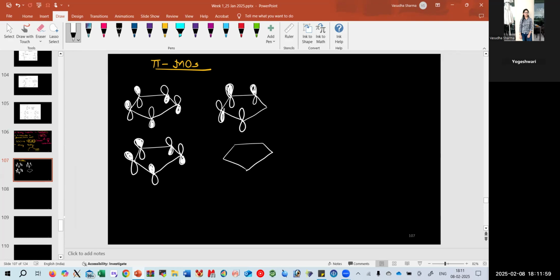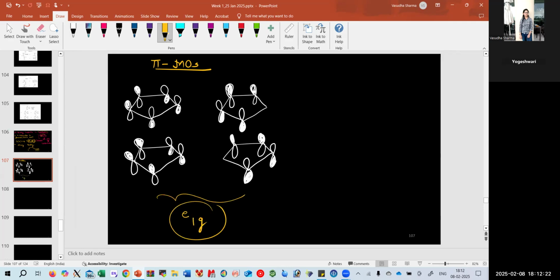Shaded half, and this is shaded, or it can be other way around also. So this is your category of E1g, and they bind.